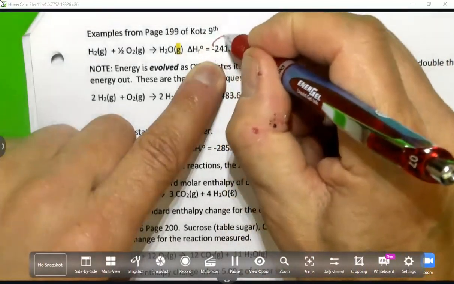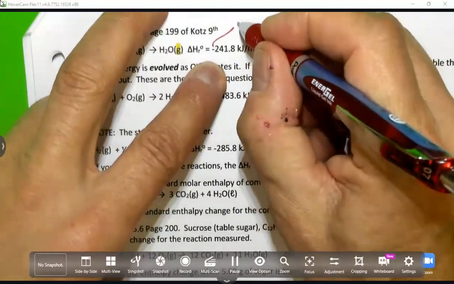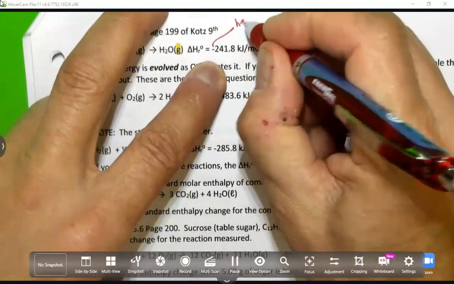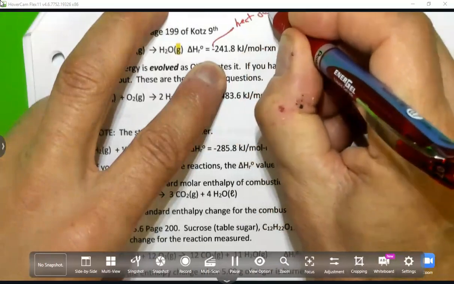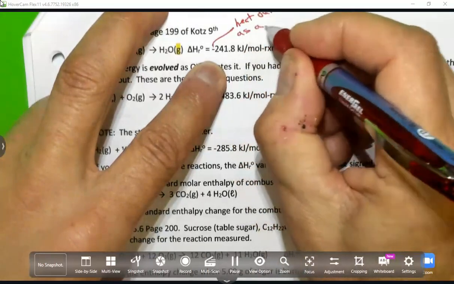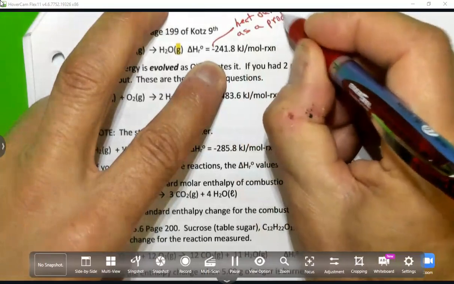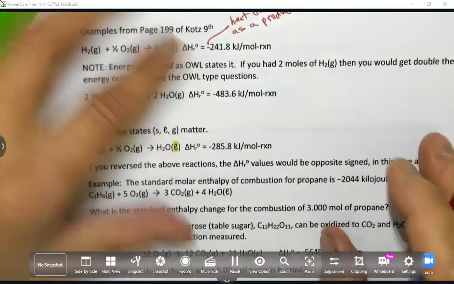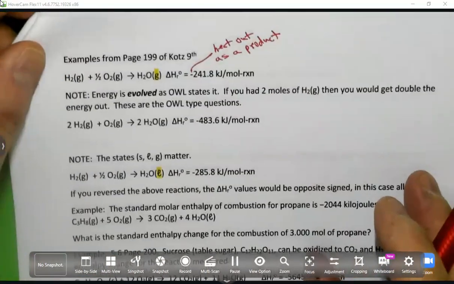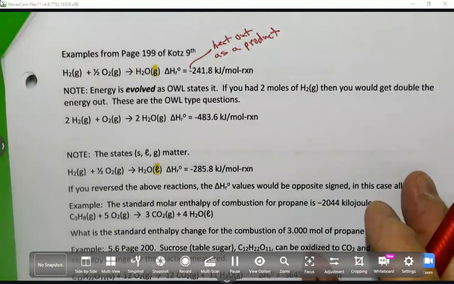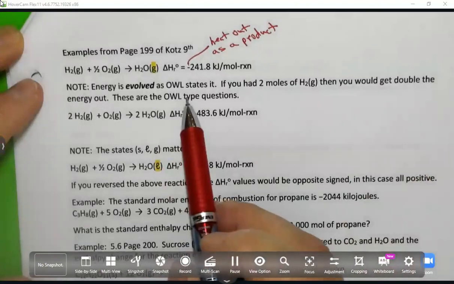This is heat out as a product. Heat is evolved.